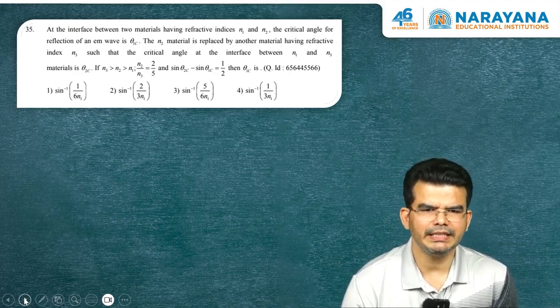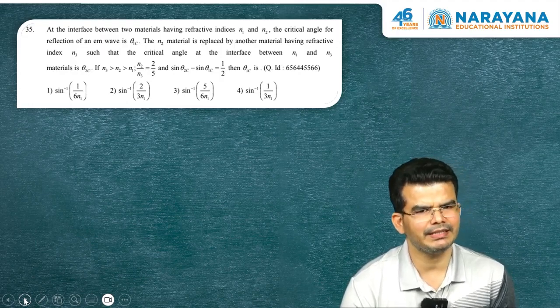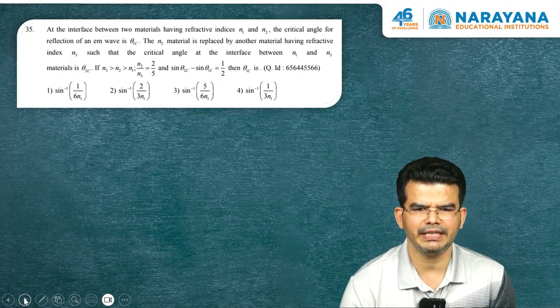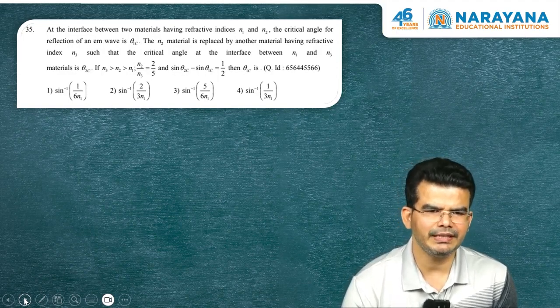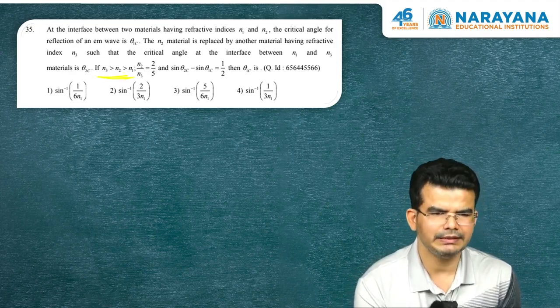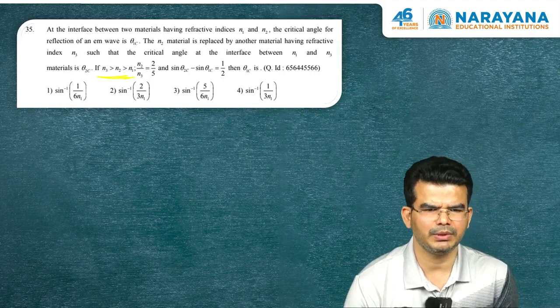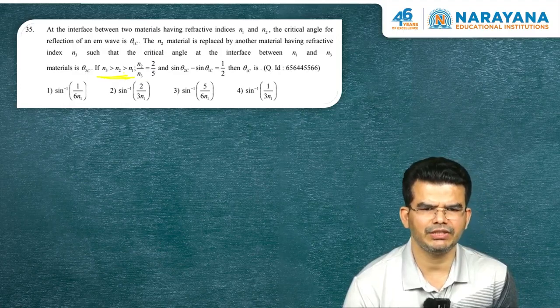The n2 material is replaced by another material having refractive index n3 such that the critical angle at the interface between n1 and n3 is theta 2c. Okay, fine. And n3 greater than n2 greater than n1, and n2 by n3 equals 2 by 5, and they have given sin theta 2c minus sin theta 1c equals 1 by 2.